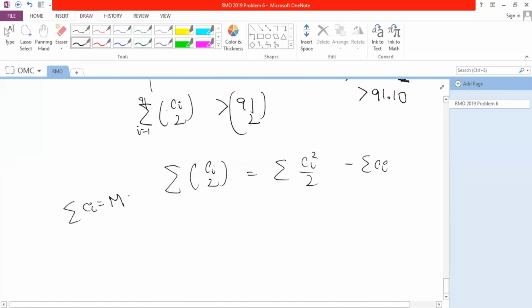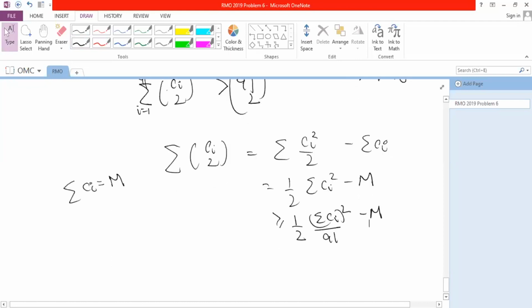So this is equal to half of summation Ci squared minus M. Now again by Cauchy-Schwarz, this is greater than or equal to half of summation Ci whole squared divided by 91, minus M.